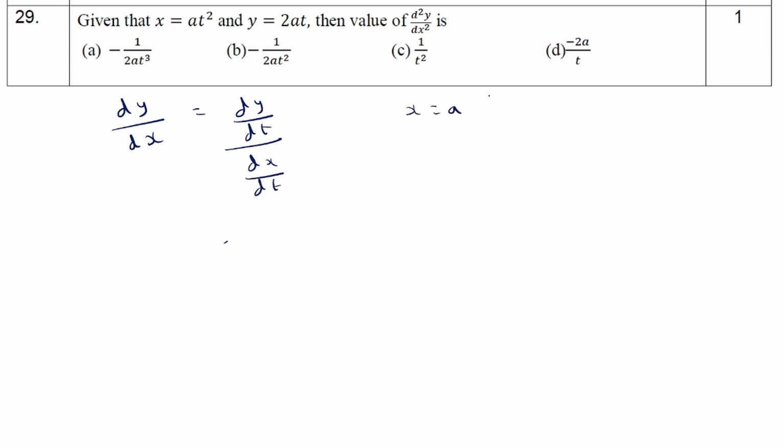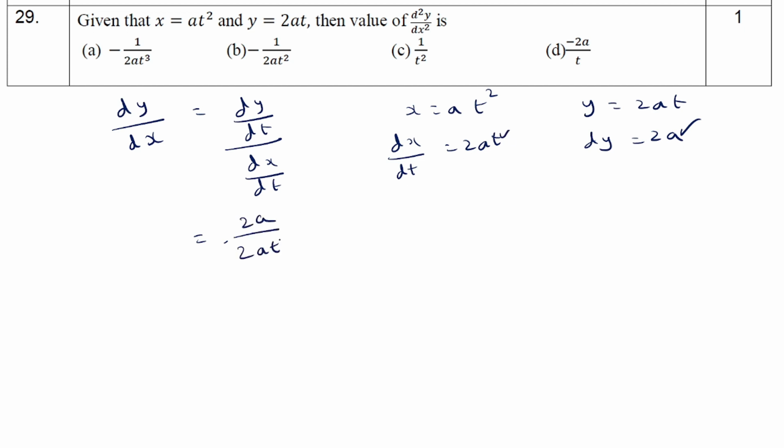First let us find dx by dt and dy by dt. So dx by dt is equal to 2at and dy by dt is equal to 2a. So dy by dx is equal to 2a upon 2at, so dy by dx is equal to 1 by t.